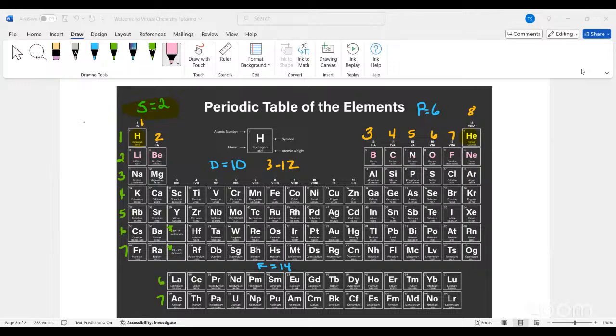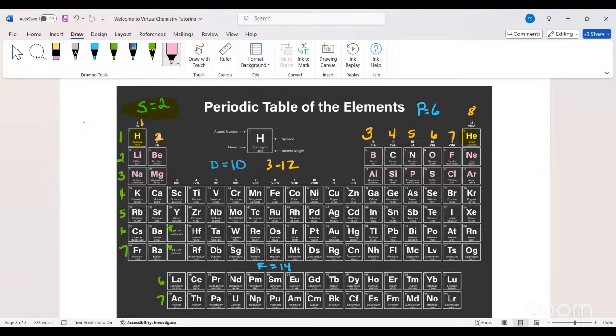Now, when you look at the third period from sodium, magnesium, all the way over here to argon, you still have S's and P's, okay? But then you're going to have a D in there as well. And that comes up once you skip down here to the fourth energy level.